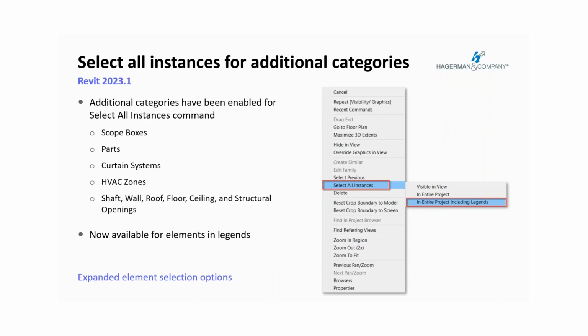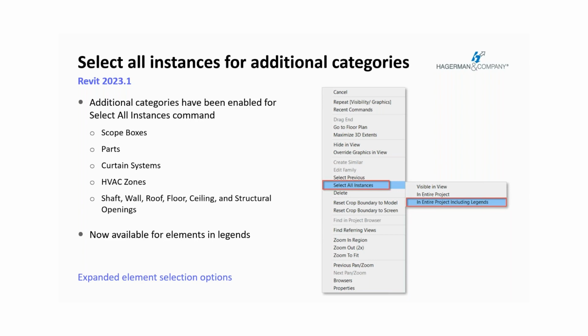Next slide here, if you are like me and you use the Select All Instances tool, you will notice now you can use it for a new list of categories, which are now enabled when selecting all instances in View or in the entire project. These categories are newly enabled for Select All Instances, and I'll list them off here for you.